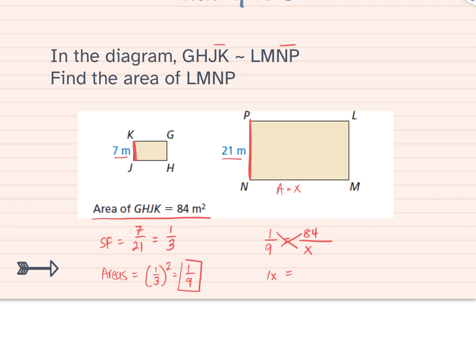So 1x equals 84 times 9. So x is 756. So 756 meters squared is the area of my large shape. In other words, it's 9 times the area of the smaller shape, because the scale factor or the relationship is 1 to 9.